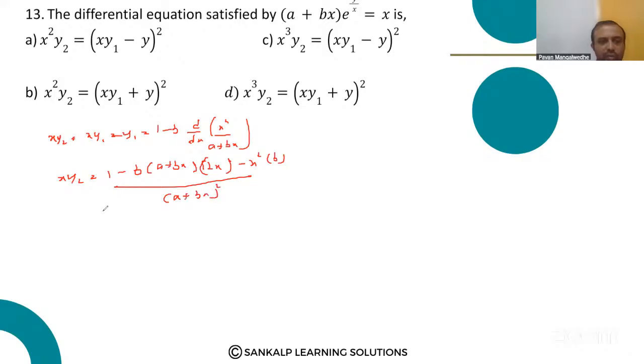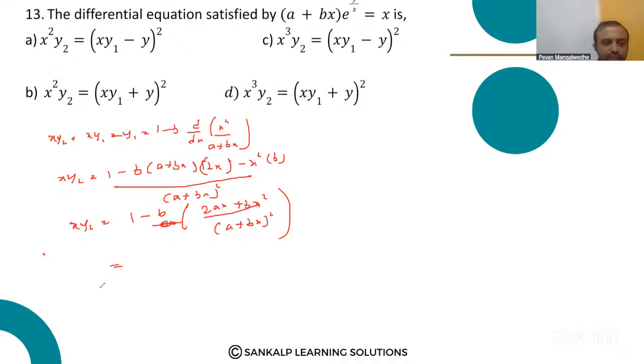Now by resolving this, we can get 1 minus b upon 1 minus b into 2ax plus bx square, that is x square into b is bx square, divided by a plus bx the whole square.